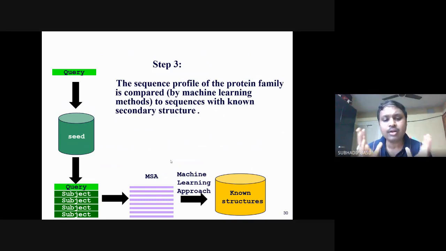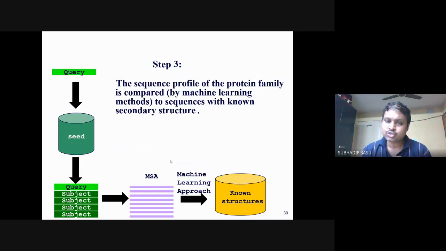A very simple method that people use is position specific scoring matrices. We will discuss that in a subsequent class, where you can very easily say that you have 100 proteins available with respect to the query sequence that match, say, at least 80% of the alignment score.